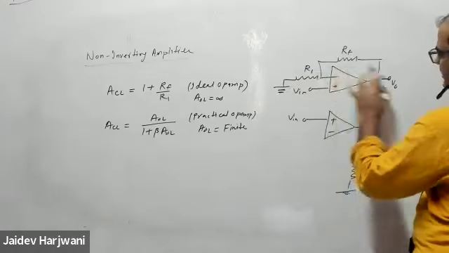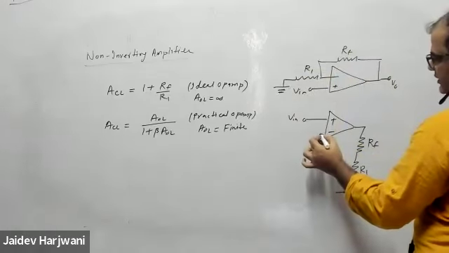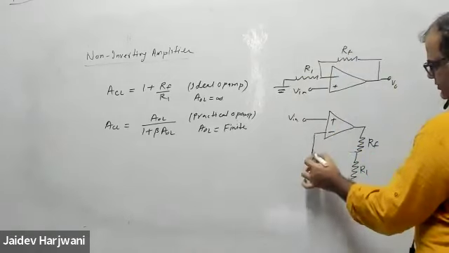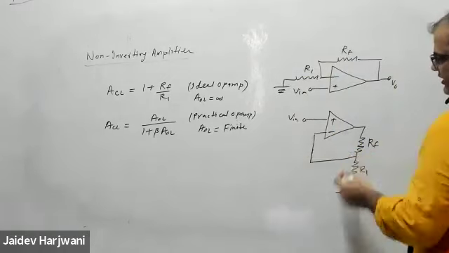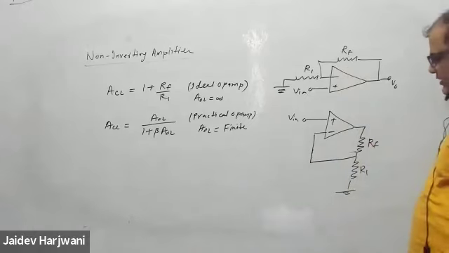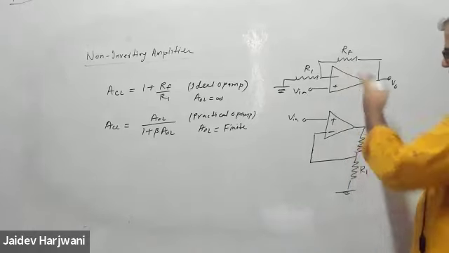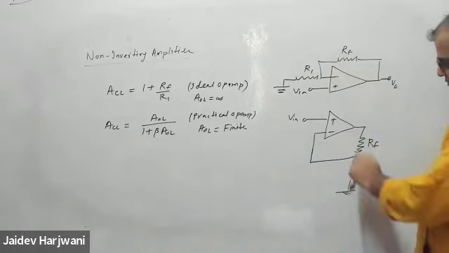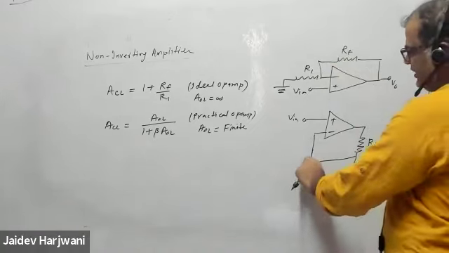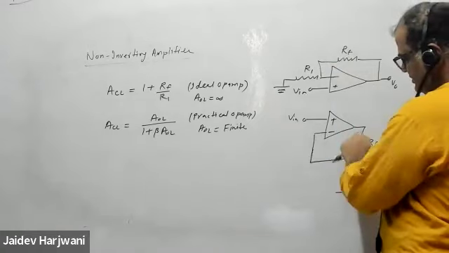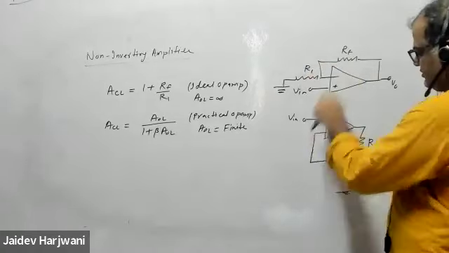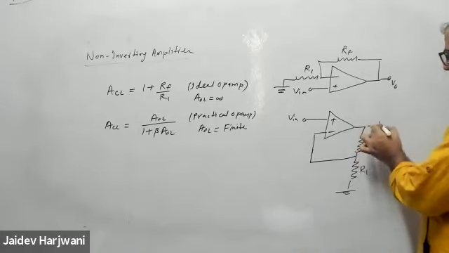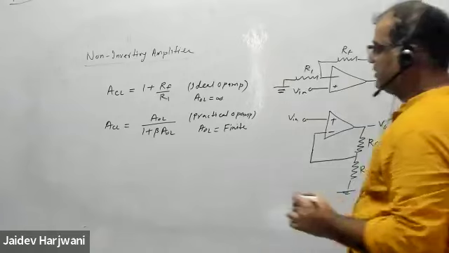Whatever input is coming to the R1, V naught is going to the negative. So this circuit and this circuit are same, so don't get confused. If I push this one like this, these become same circuits. So this can be drawn in many different ways, and this is a V naught, and these are the formulas.